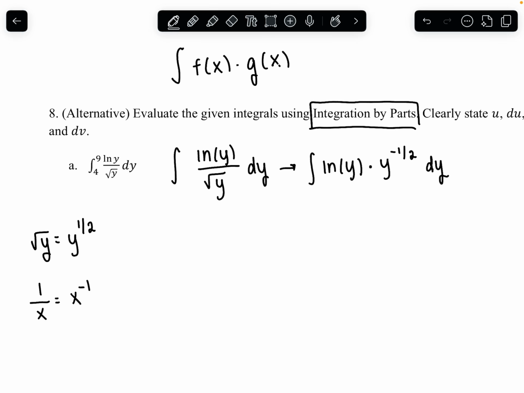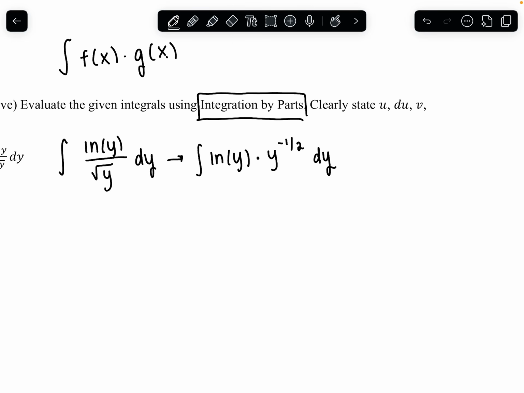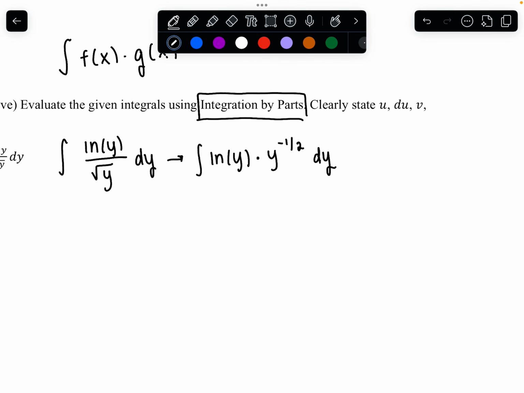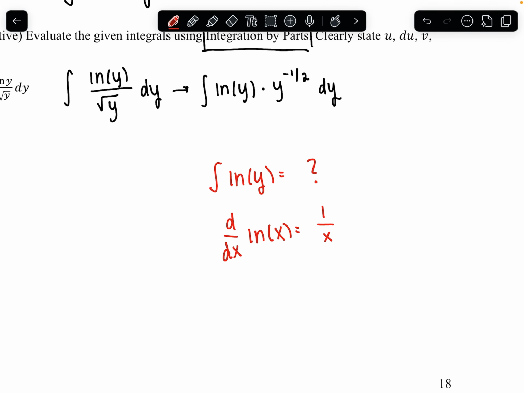All right. Now, if you see ln in a question that is integration by parts, you're probably going to freak out. But the good news is that's always going to be your u, every time. Because do you know what the integral of ln is? I don't. I should. But I do know what the derivative of ln is. Provided it's just ln x, then its derivative is 1 over x. But be super careful.